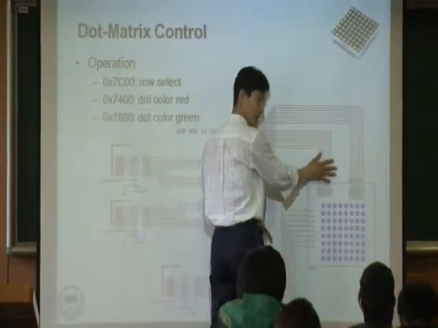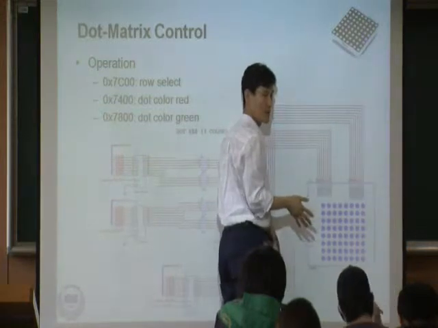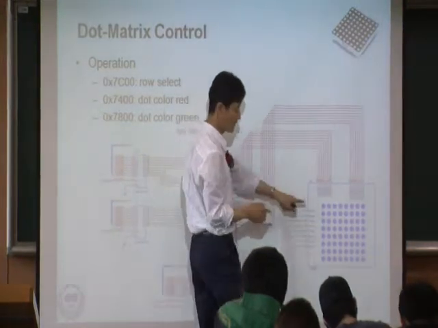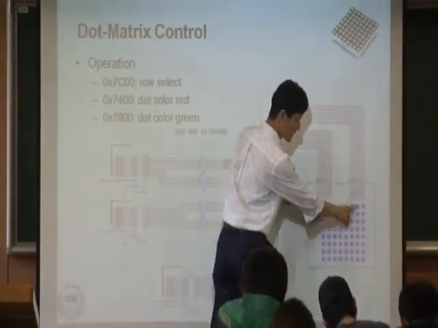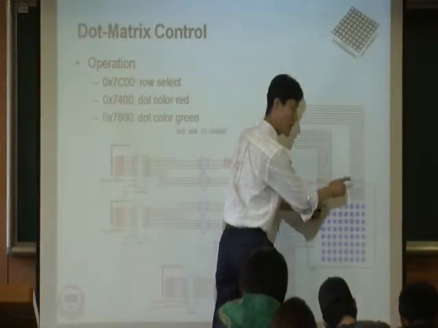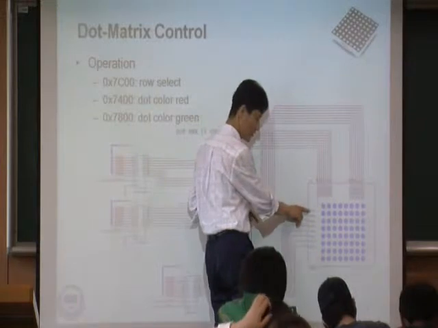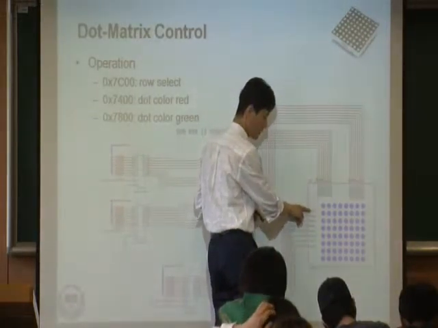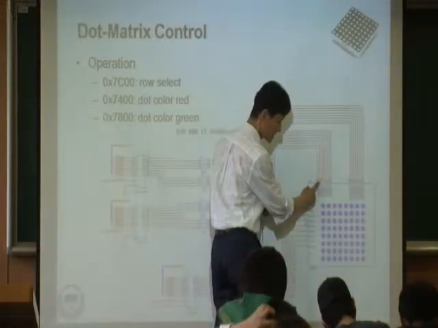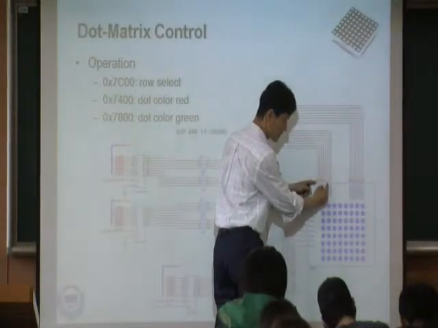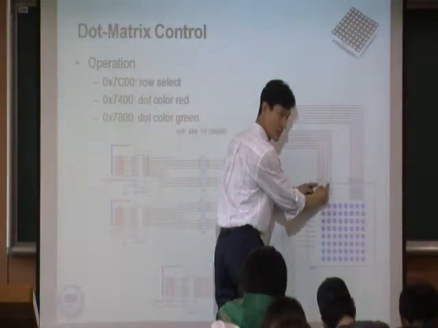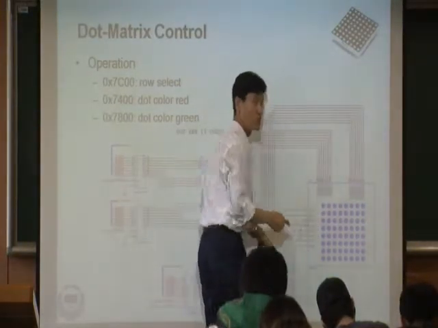But this one is for red, this one is for green. So let's say I want only these 2 LEDs to be red. Then you're going to select this row, the first row, and you're going to make the second pin and the second-to-last pin 1. Right? Then only these 2 will be red.